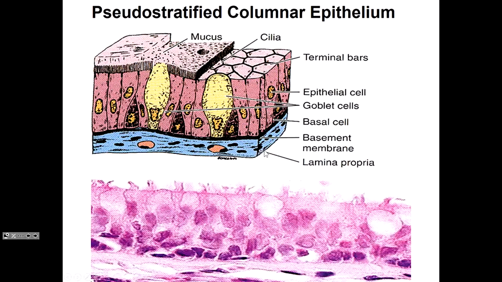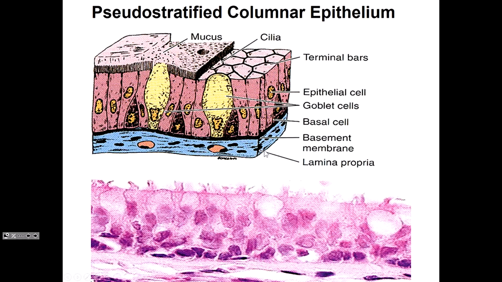Okay, so now some unusual examples of classification of epithelia. Pseudostratified, falsely stratified. Falsely stratified because every one of these cells in this epithelial sheet makes contact with the basement membrane somewhere. And there are no other cells sitting on top of other cells.